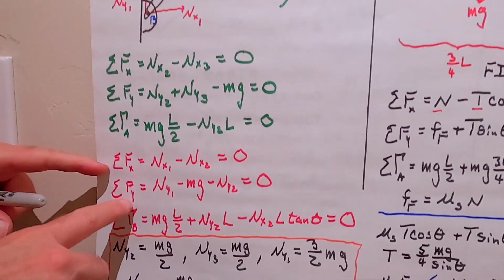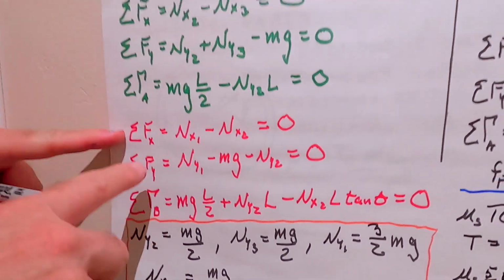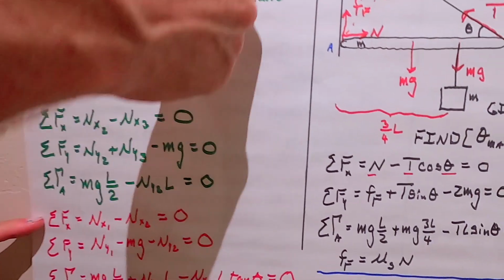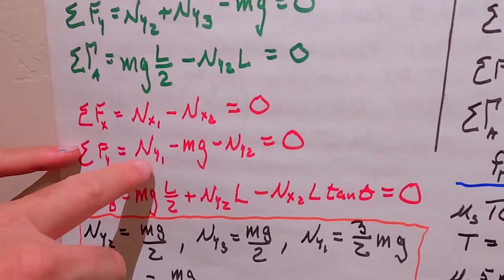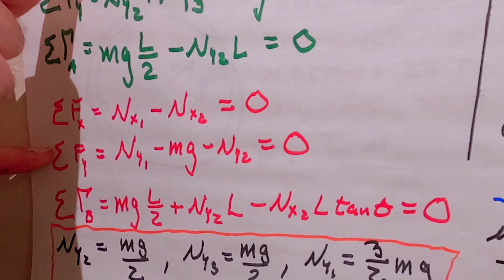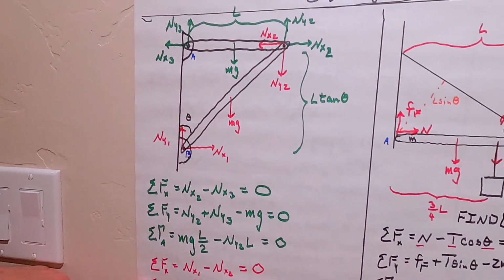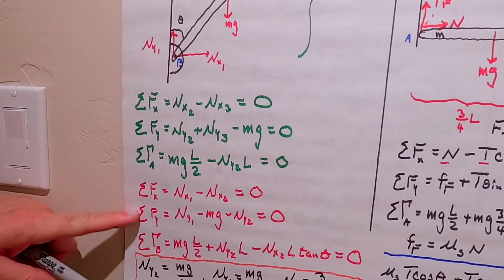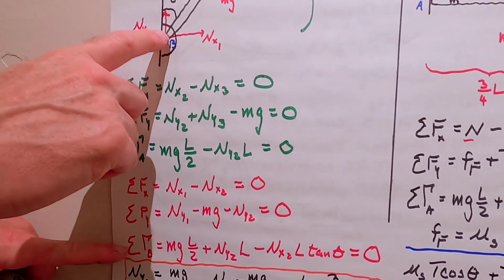Okay, now let's look at the forces in the x direction on the red. NX1 minus NX2 equals 0. And if we look at the forces in the y, we got NY1 minus NY2 minus mg equals 0. And then if we look at the sum of the torques, I picked this point down here.